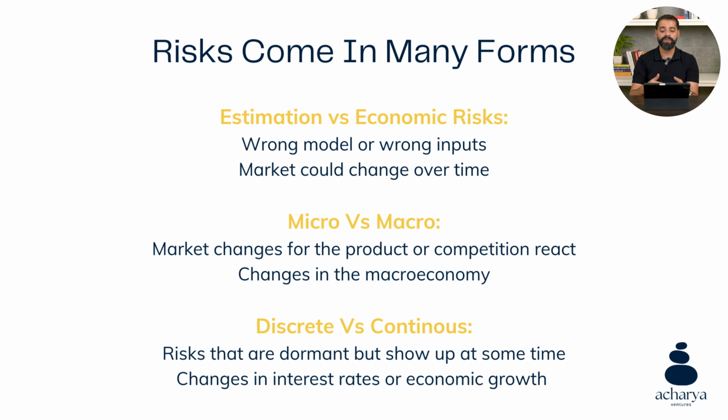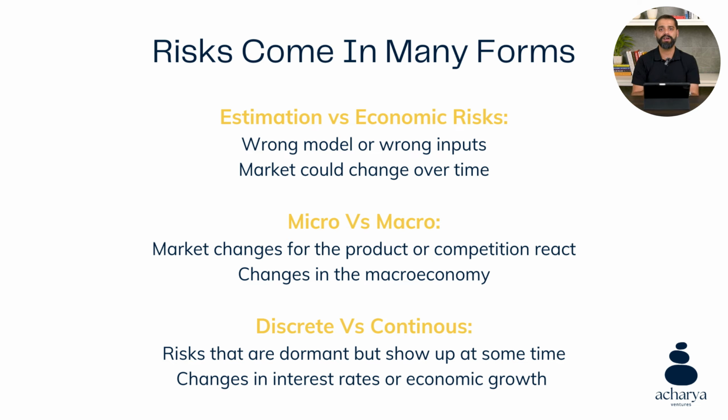The other part could be a macro risk. Again, as I said, there could be a war-like situation, or there could be a drought, a flood, things that could change the global shape of the economy. That could be something that comes in as a risk. As the company grows, your risk profile changes from a more micro to a more macro kind of scale.